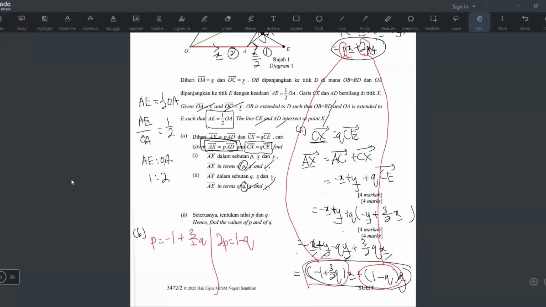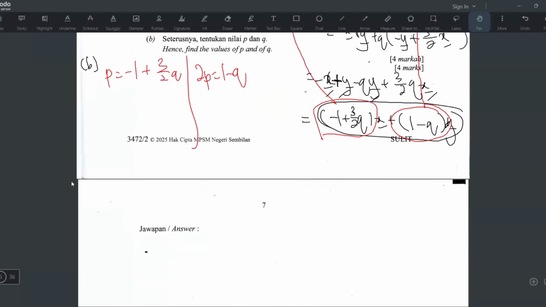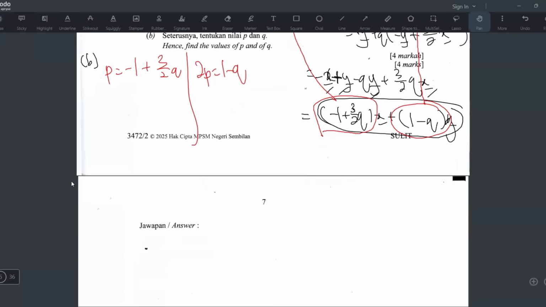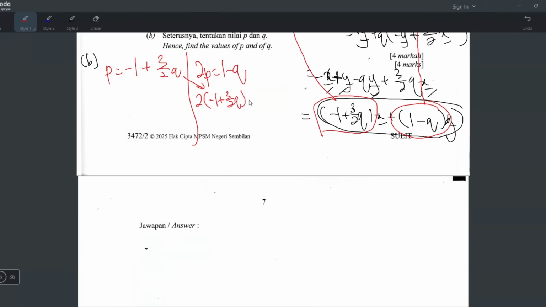Since both equations have two unknowns, we have to do the simultaneous equation. You can either use the substitution method or elimination method. I think I'll just substitute because this P is already single. So why not just put it inside: 2 times (-1 plus 3 over 2Q) equals 1 minus Q. And then just expand, then you can find Q. 2 times -1 is -2. 2 times 3 over 2 is just 3Q, equals 1 minus Q. 3Q plus Q is 4Q. 1 plus 2 is 3, so 4Q equals 3, Q equals 3 over 4.